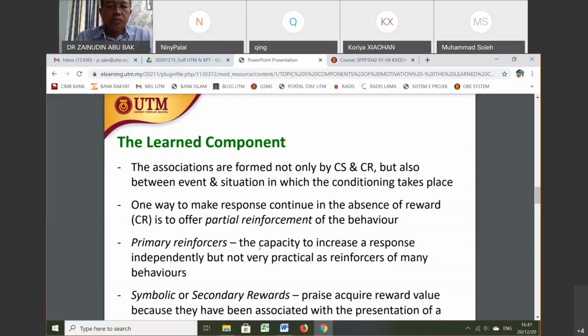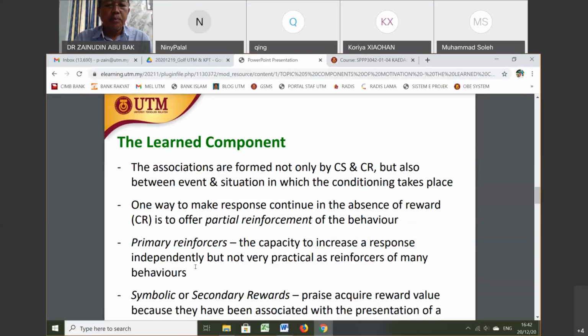I think this is also related to behaviorism. For those who are interested in exploring behaviorism and developing the motivation to learn, I think we should look back to the behaviorism principles.